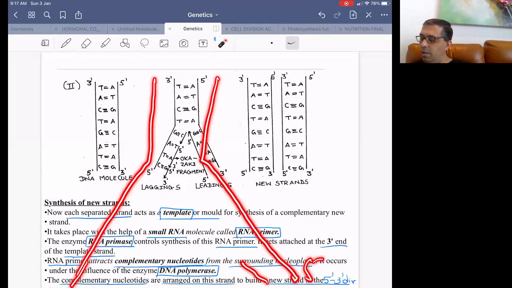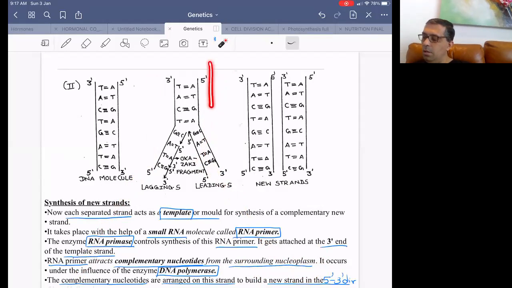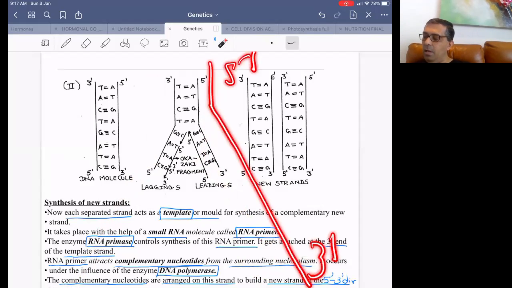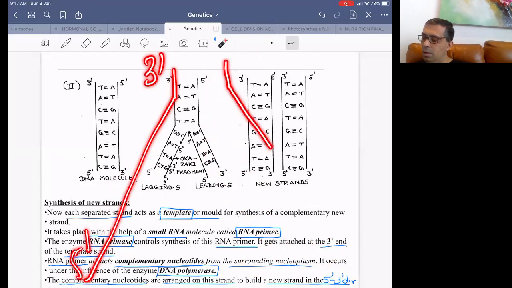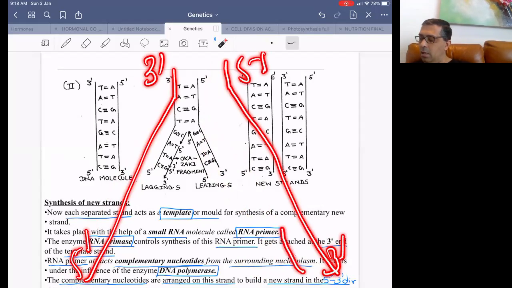This is 3 end, 3 end, 5 end. 3 end, 5 end. And check this here. 3000. 3000.